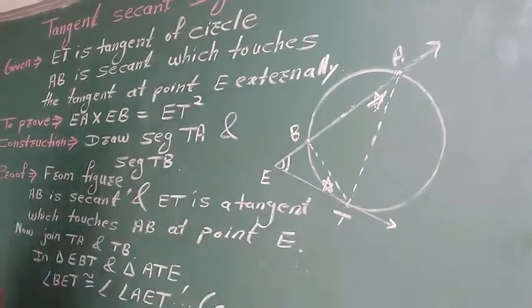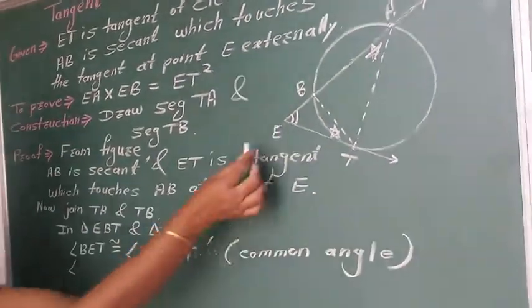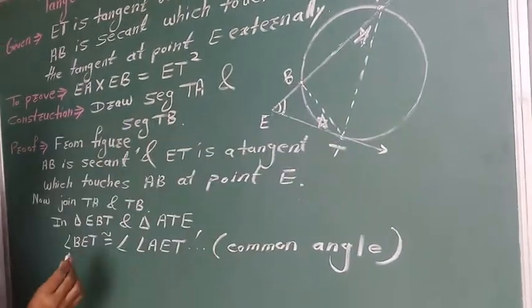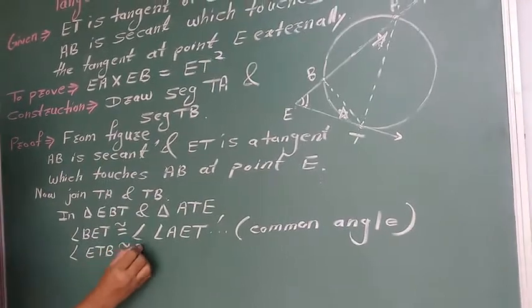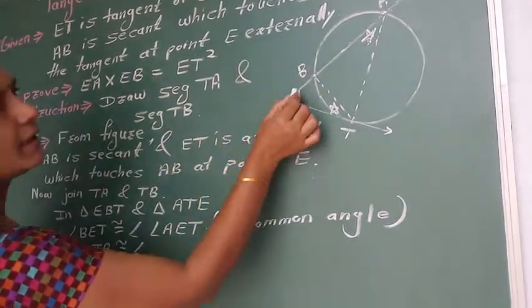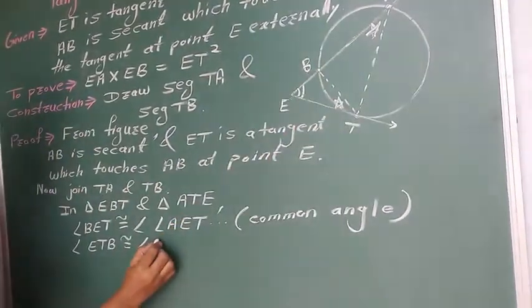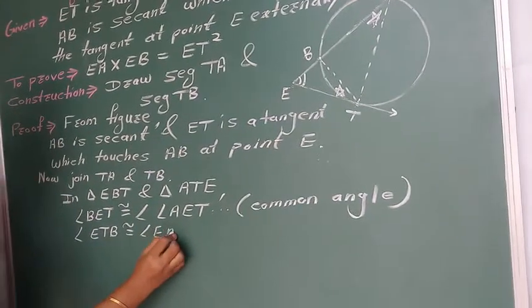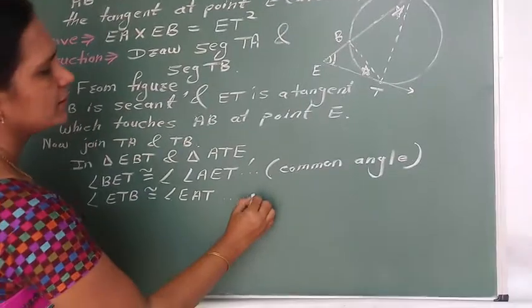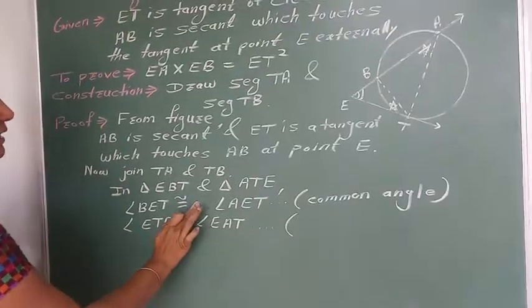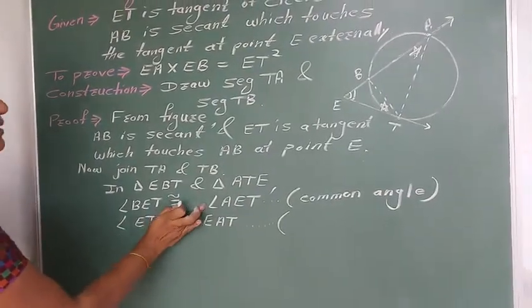So we write angle ETB is congruent to angle EAT, and the reason is tangent secant theorem.